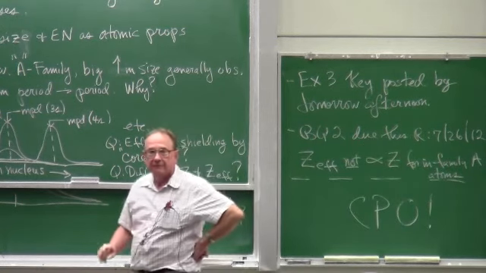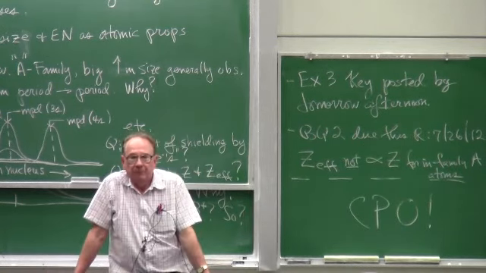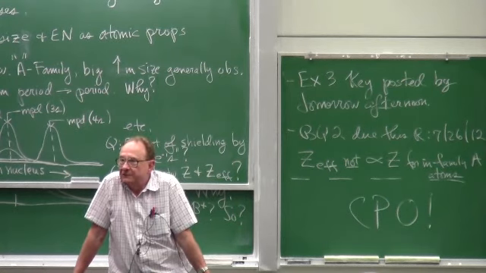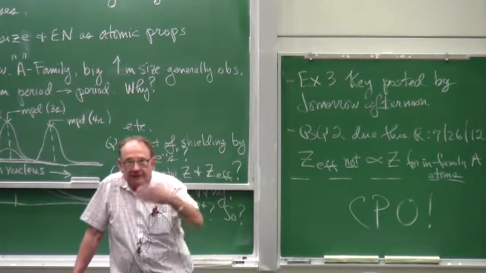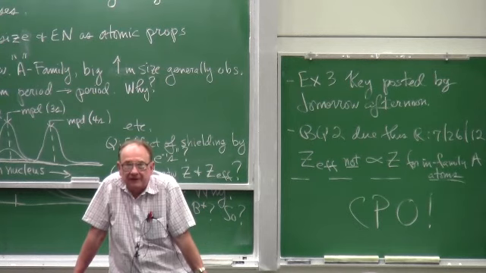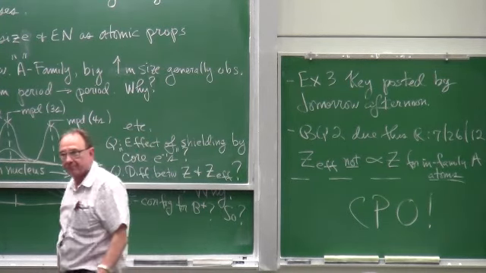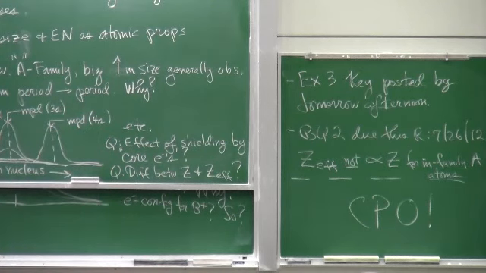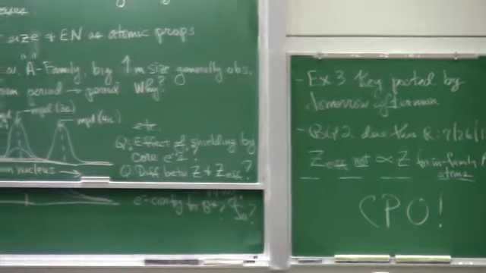What's Z effective? What's that mean? If you talked about these size trends in 2045, then you heard about Z effective. Z total is just the total proton count, the atomic number.